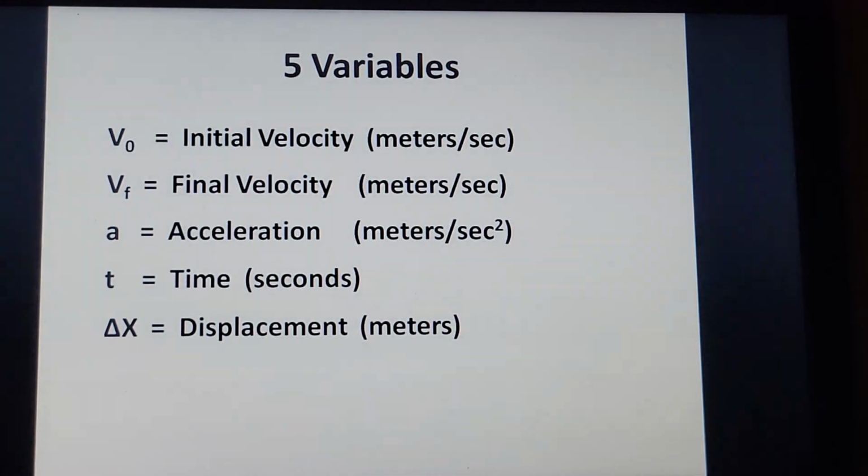The nomenclature in various textbooks can vary from this a little bit. Sometimes initial velocity is referred to as v sub i instead of v sub o, which is velocity at time equals 0. Sometimes time is referred to as delta t, basically the elapsed time during the period of acceleration. Delta x might be referred to as x.